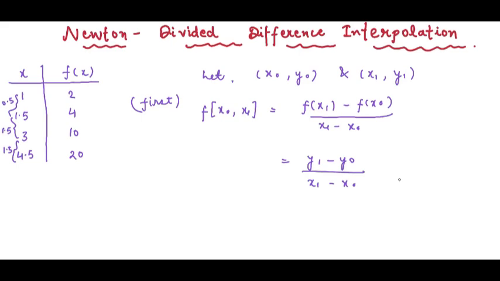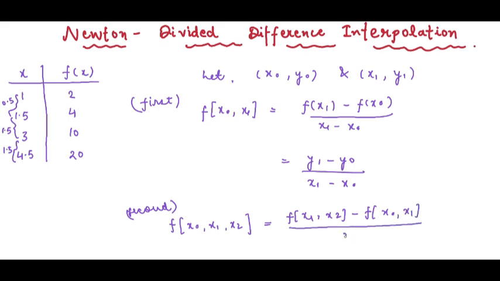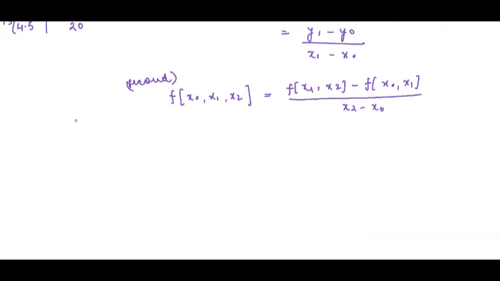Now suppose we have 3 points. The second divided difference f[x0, x1, x2] becomes f[x1, x2] minus f[x0, x1] divided by x2 minus x0. Now notice something important here. The denominator here is x2 minus x0, not x2 minus x1.